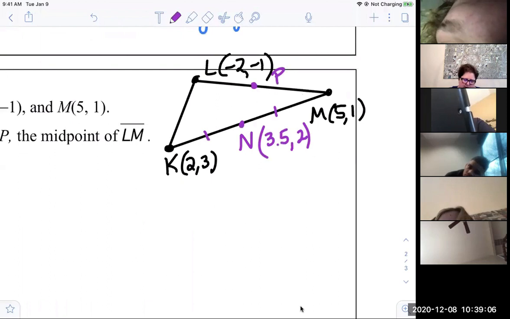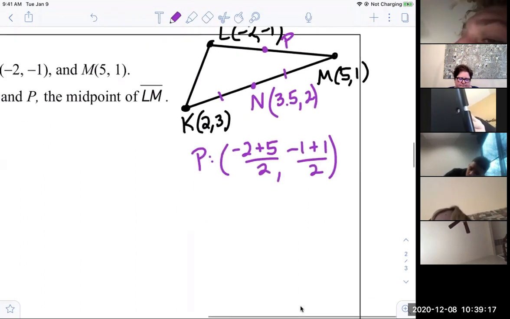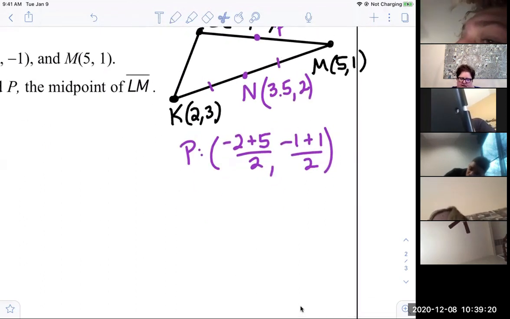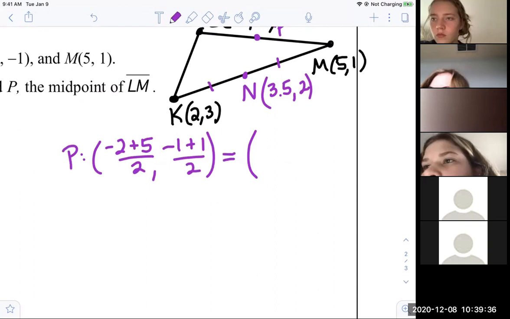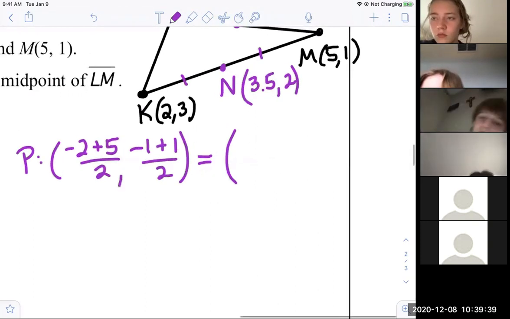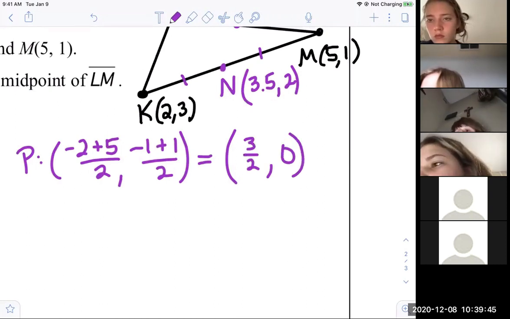For P, it'll be -2 plus 5 over 2 and -1 plus 1 over 2. Diamond, what is that simplified? 3 over 2 and 0/2, which is just 0.